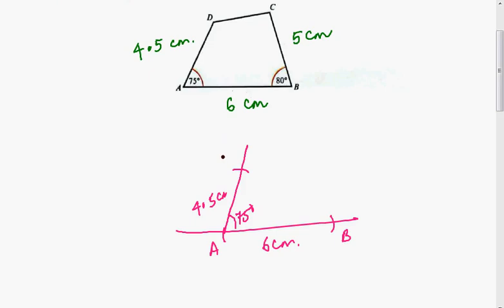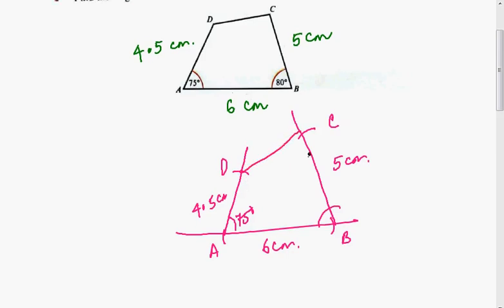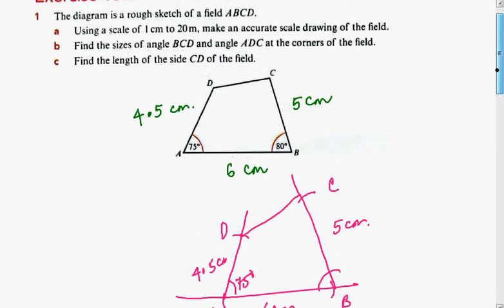That point is D. Similarly, we will draw an 80 degree angle here and give a mark at 5 centimeters. This one is the point C. Let's join it. The diagram is drawn.